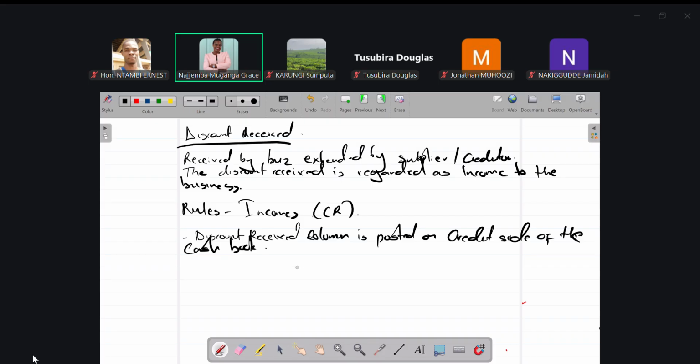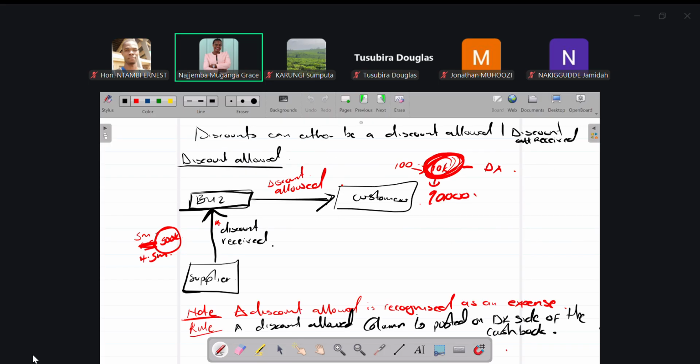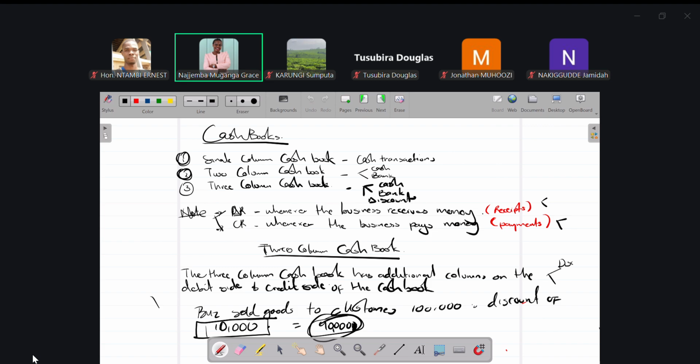So this means that we have introduced additional columns under our 3-column cash book. That is cash column, bank column, and the discounts, of which these discounts could be discount allowed or discount received.